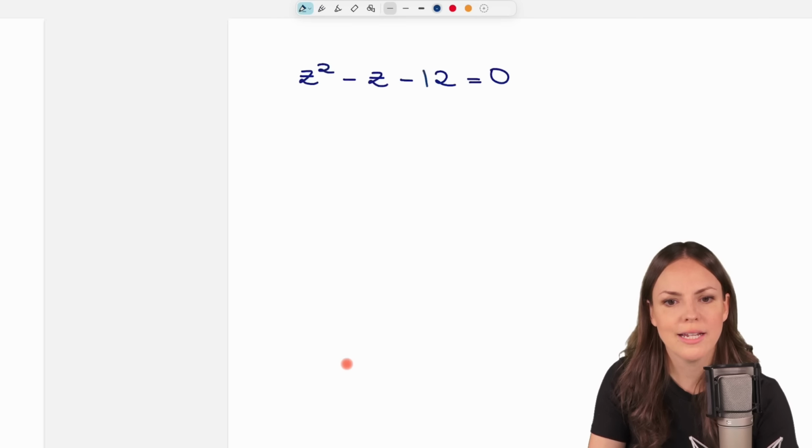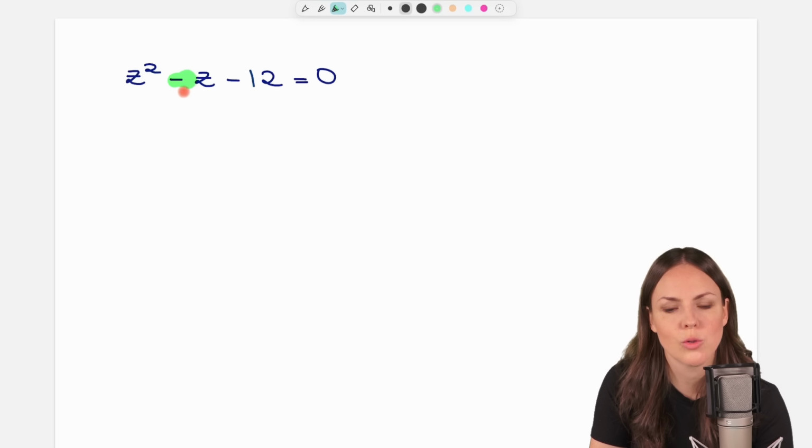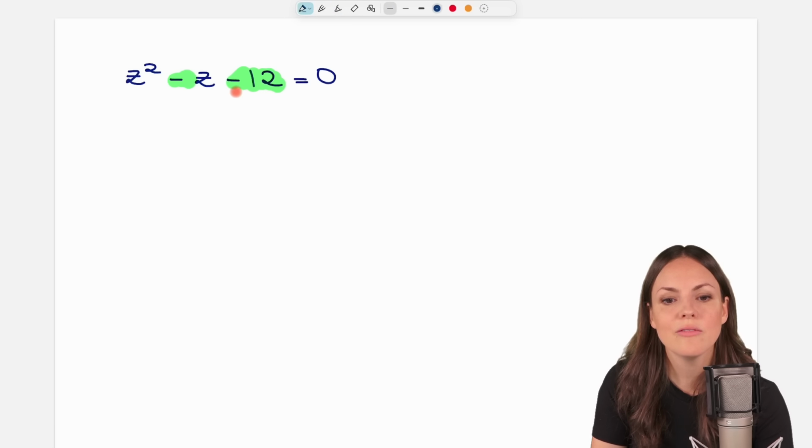Okay, quadratic equation. We could use the quadratic formula to solve this equation, or if the number in front of my z and this number here are easy enough, we could try and use factorization to solve this equation.